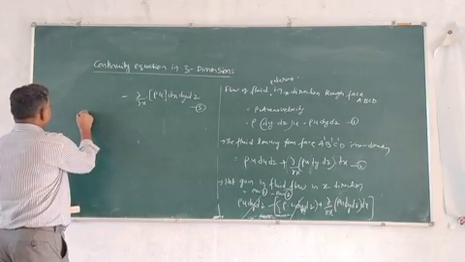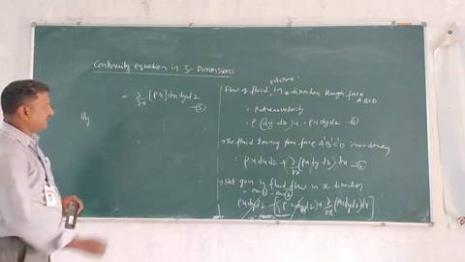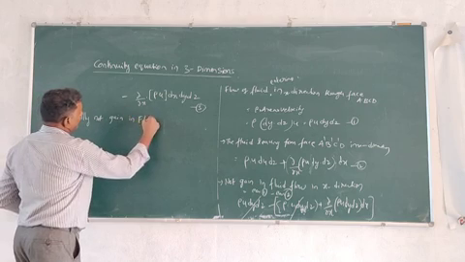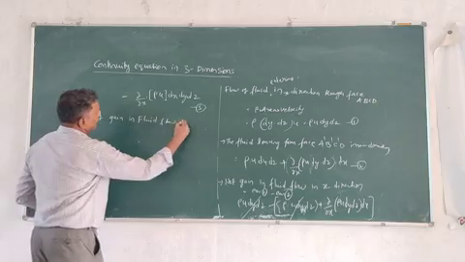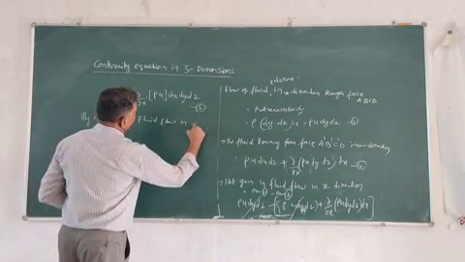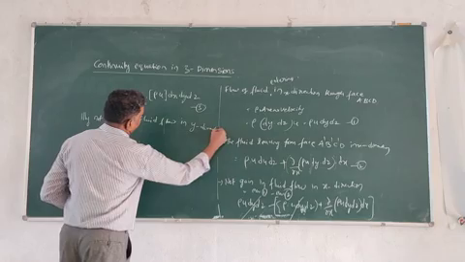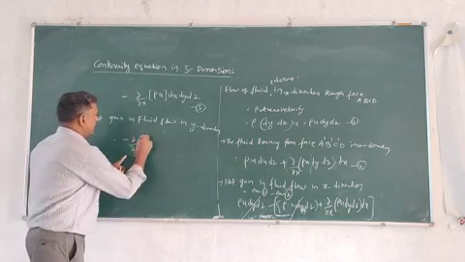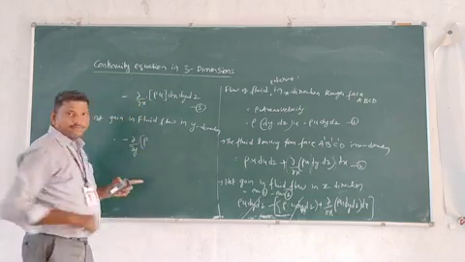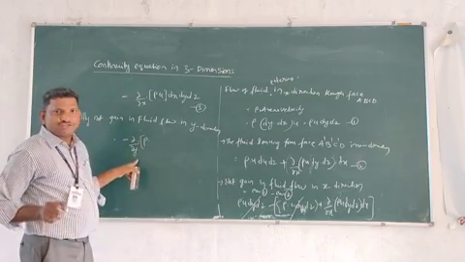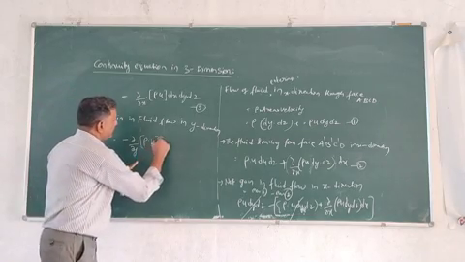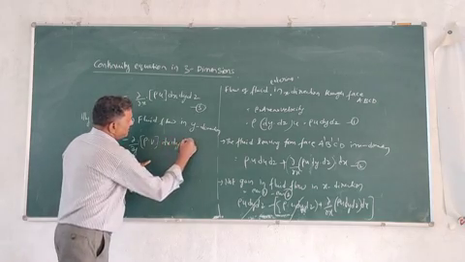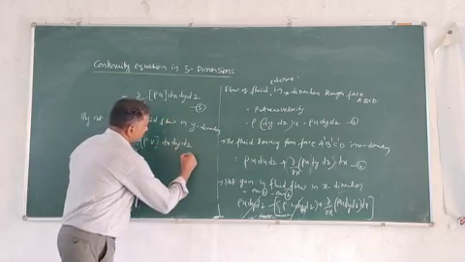Similarly, we can write the net gain in the fluid flow in the y direction. This is equal to minus dou by dou y of density rho into the velocity component in y direction, v, into the volume of the fluid element. Take it as equation 4.